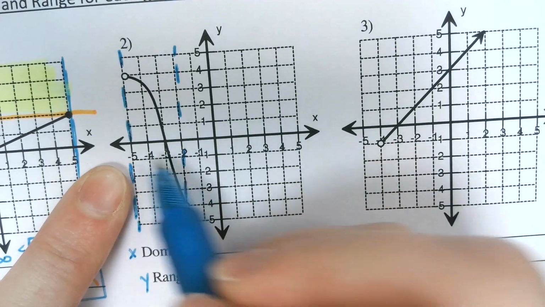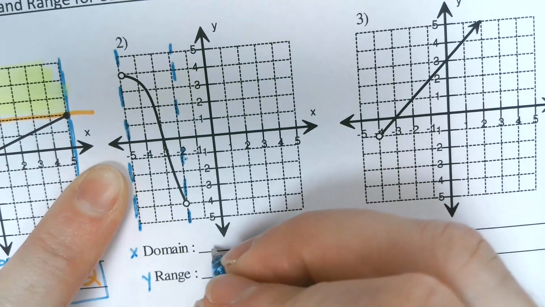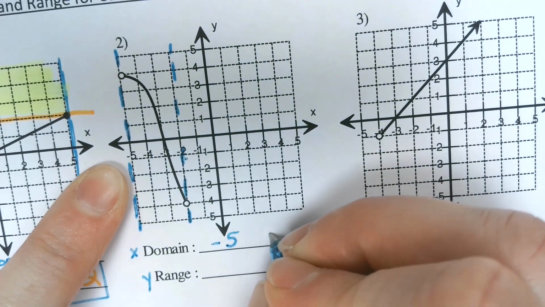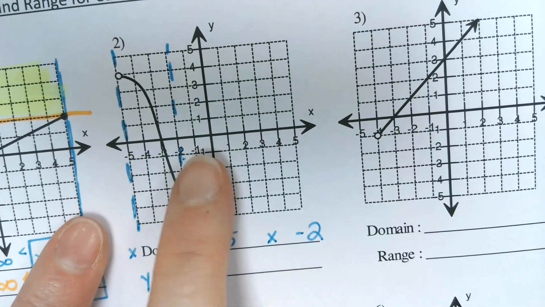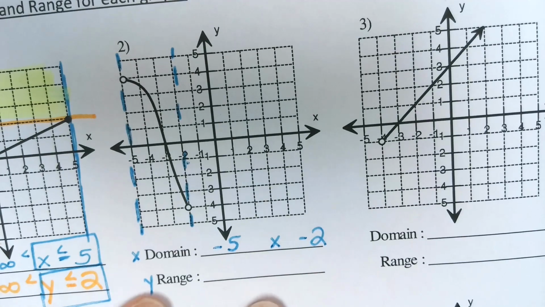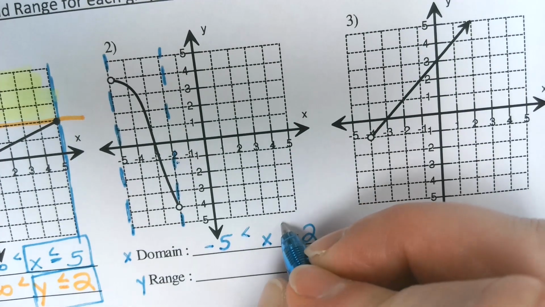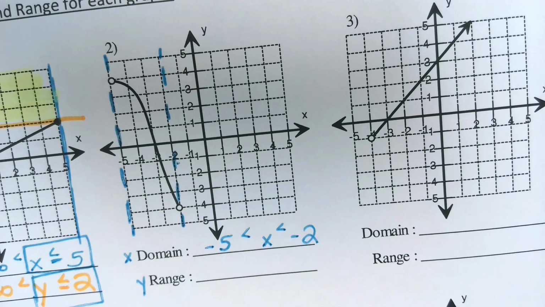It's -5 to -2. So that's going to be our interval. From -5, where x is in the middle, to -2. So don't forget, if it's on the left side of the origin, it's negatives. And then the open circles mean we're just going to have less than. If you want to shade or highlight, you can.